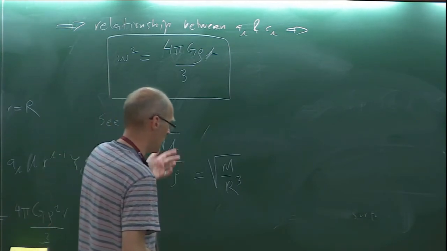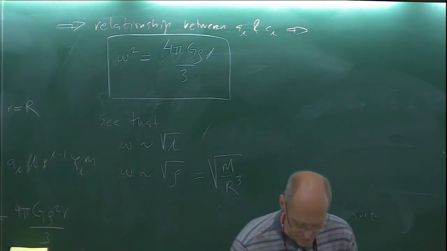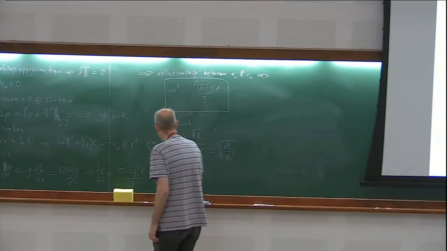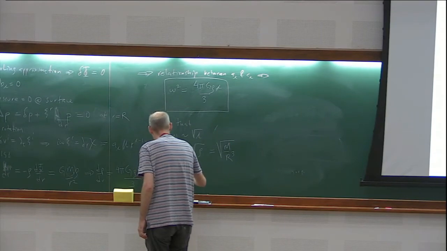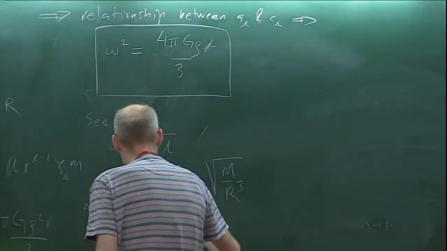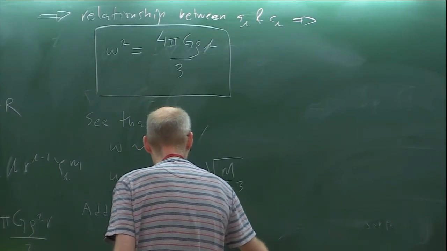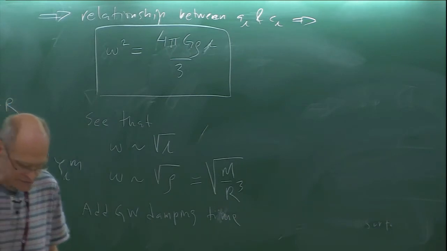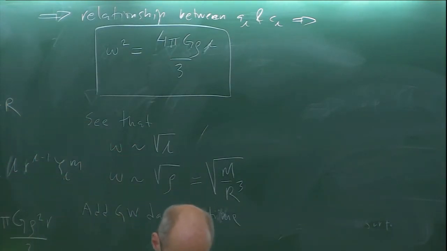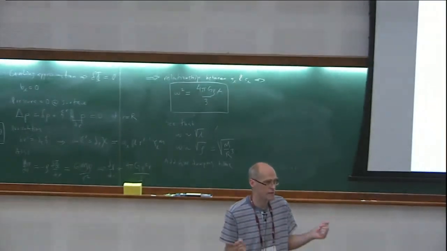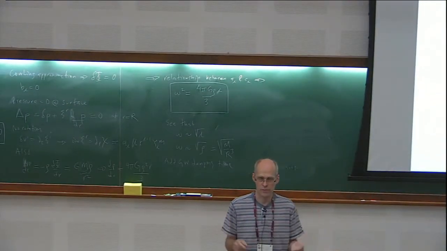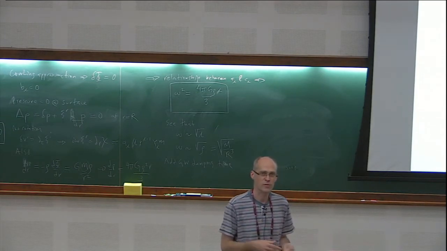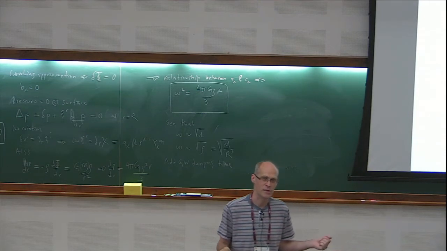And then what you could do, which I'm not going to do because this is a real mess, I'm just going to tell you what the scaling is. If you take this assumption and you know what the step is at the surface in the delta rho, which is what you need to put into the quadrupole formula to calculate damping, the calculation was done by a guy called Steve Detweiler, one of my heroes, because he worked on pretty much all the problems I was interested in when I started as a PhD student.